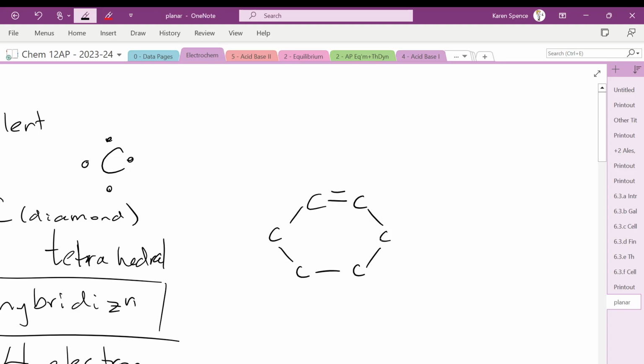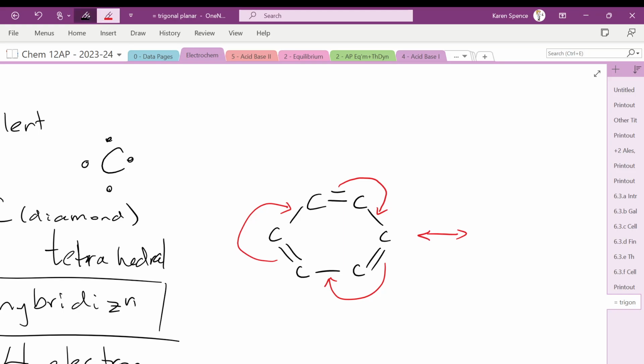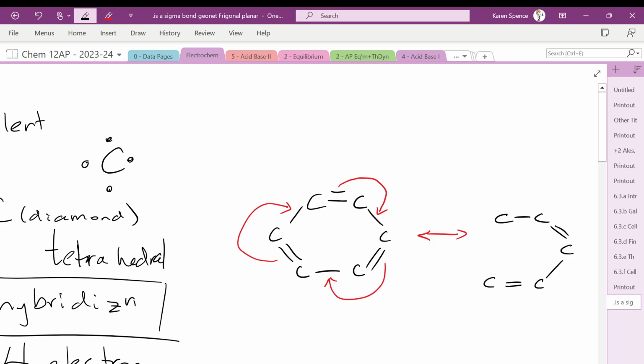And if we have a double bond here, here, and here, this double bond can move so that we have single bond, double bond, single bond, double bond, single bond, double bond.